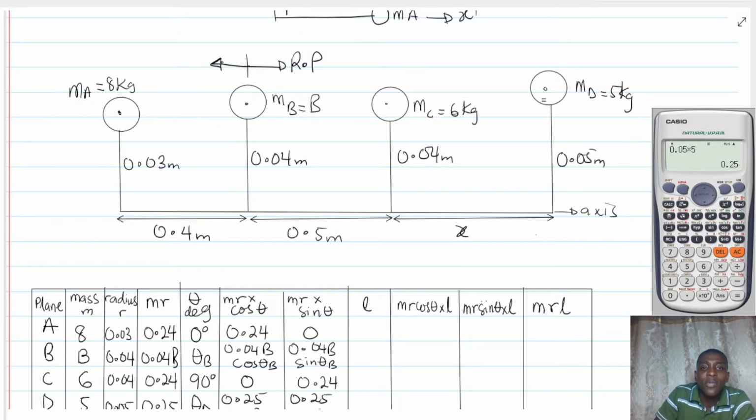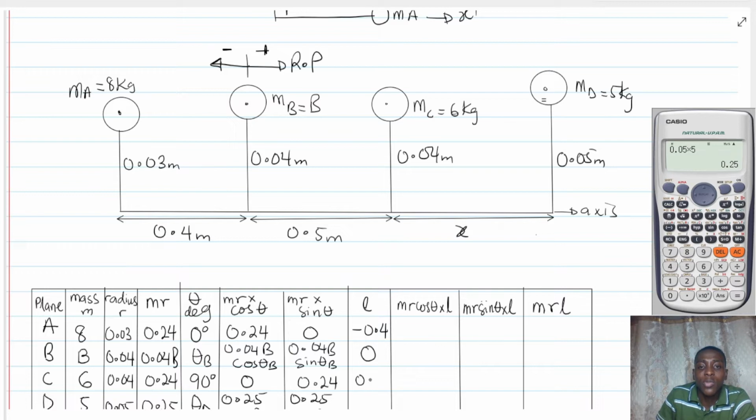If B is our reference plane, then every distance measured here is negative, and every distance measured here is going to be positive. So from here we will start measuring the distances. For mass A it is minus 0.4, walking from B to A. Since I am taking the distances from B, this part will be 0.